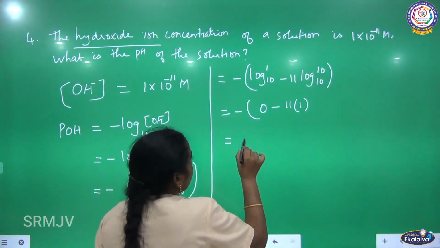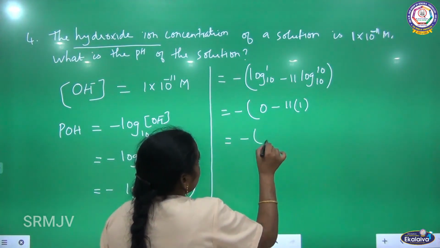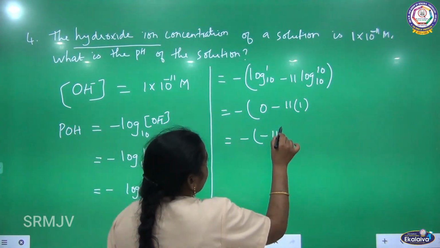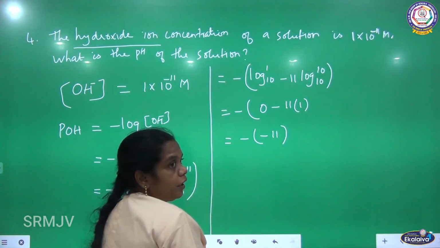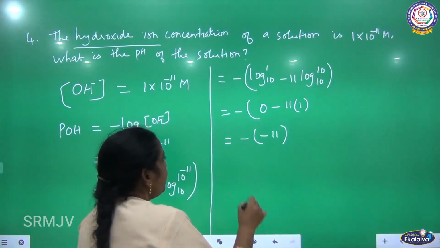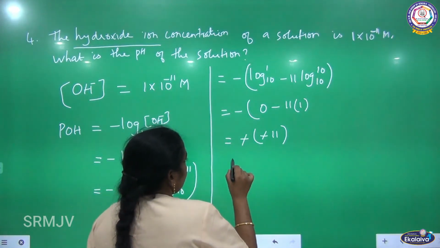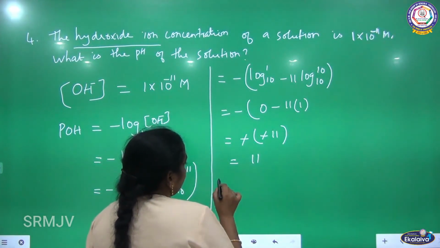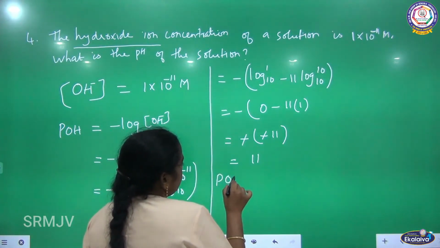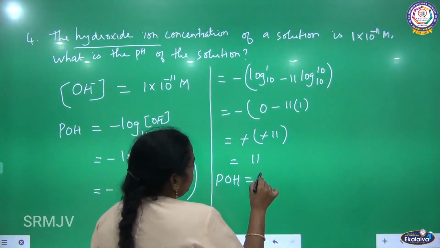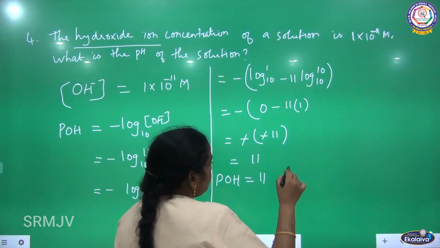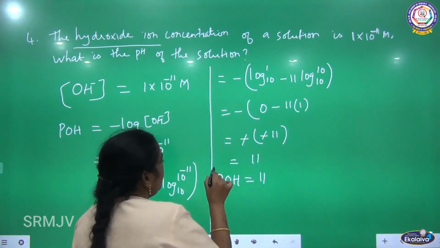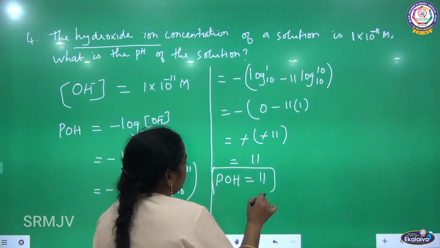Then minus of 11, 1 into 11, 11. So minus gets cancelled. So you are going to get the value of pOH: pOH is 11.